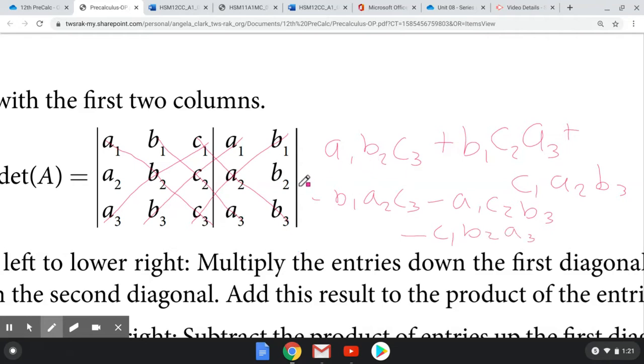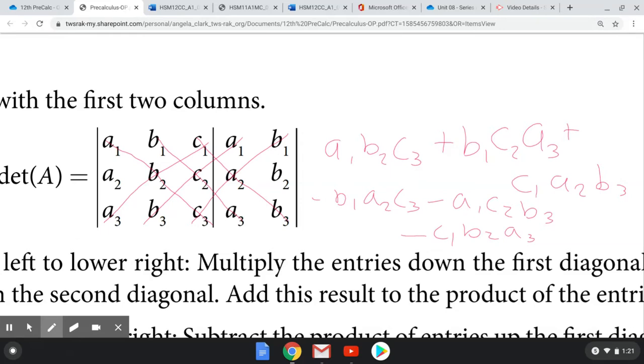So what we're looking at here, you kind of end up with this crosshatch thing going on. So multiplying the diagonal and adding in this direction, multiplying the diagonal and subtracting in this direction.